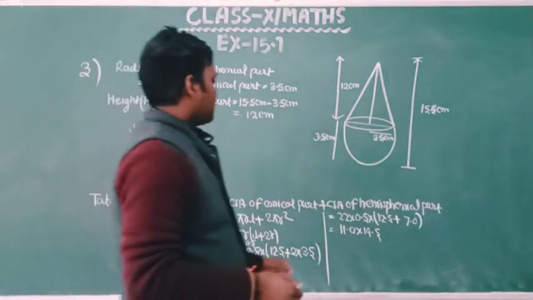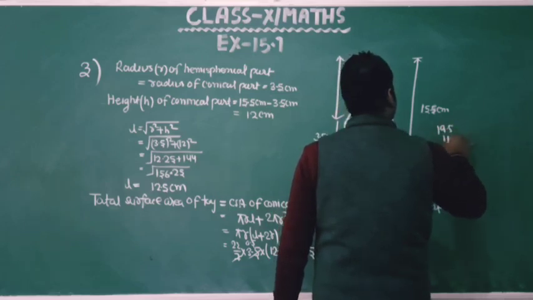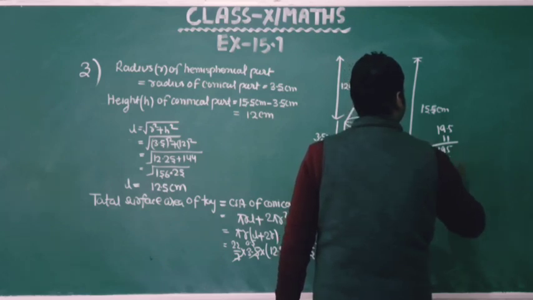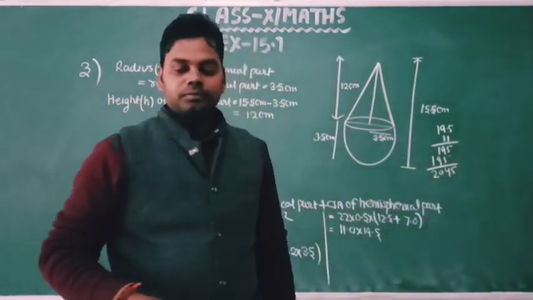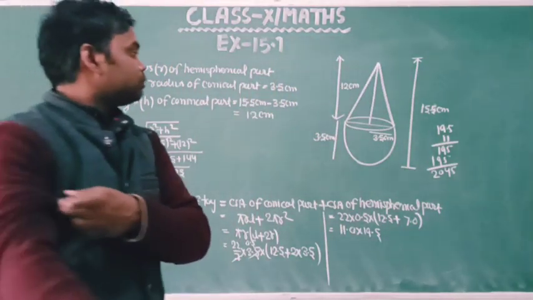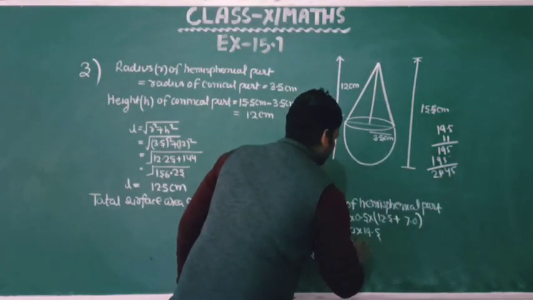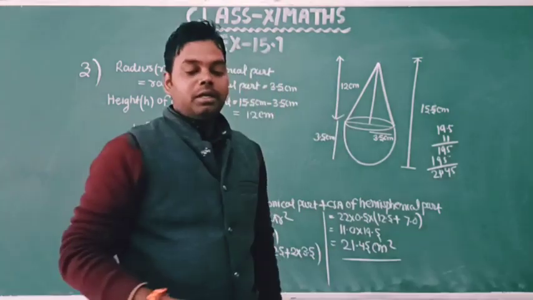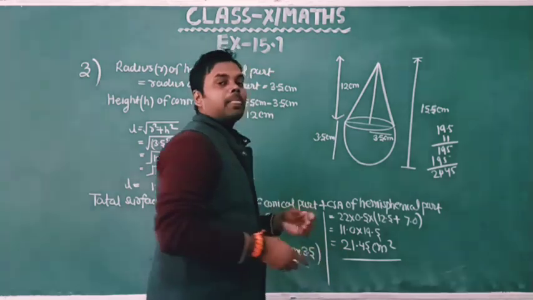Now multiply 19.5 by 11. After multiplication we get 214.5 centimeter square. 214.5 centimeter square is the total surface area of the toy.